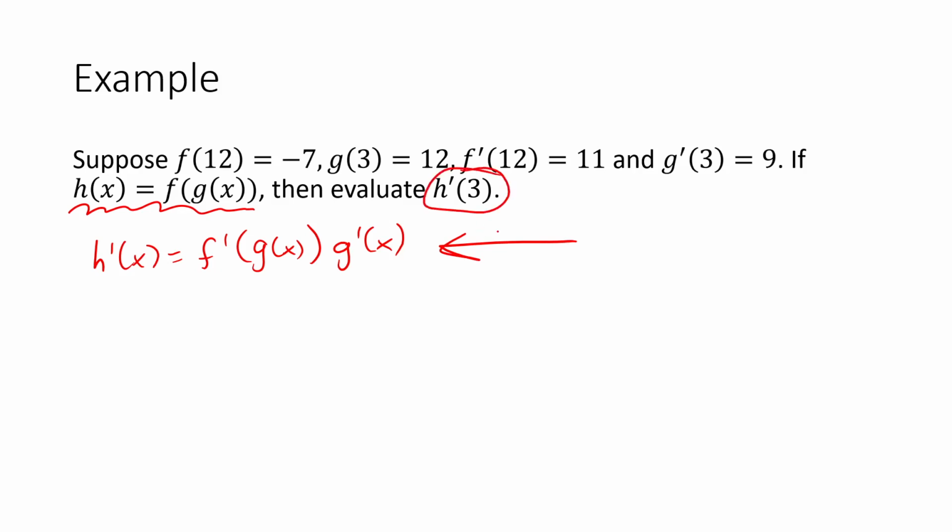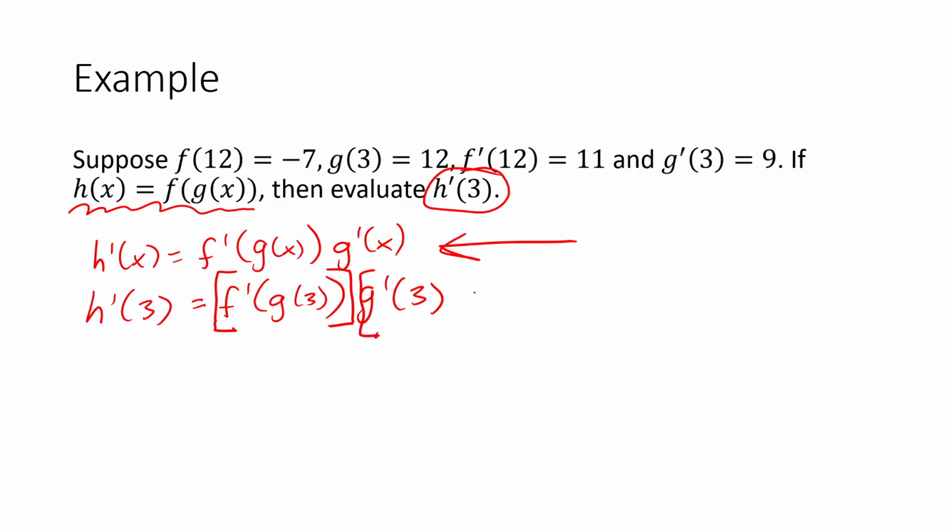Let's just sub in an x value of 3 everywhere we have x in the first line of our solution. So we're going to say h prime at 3 is equal to f prime g at 3 times g prime at 3. Now this f prime g at 3 is a quantity unto itself, and this g prime at 3 is a quantity unto itself.